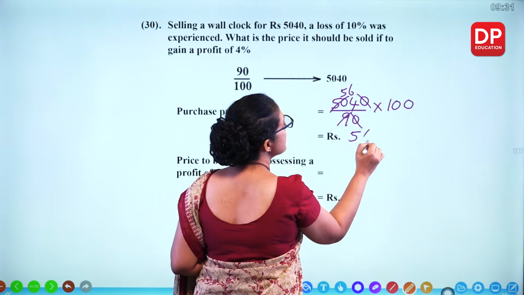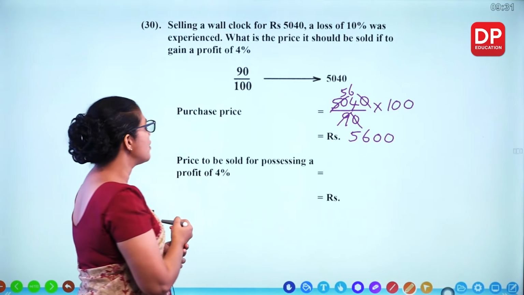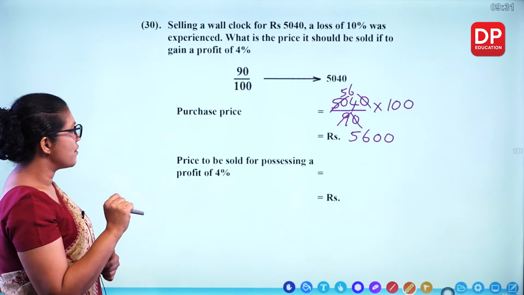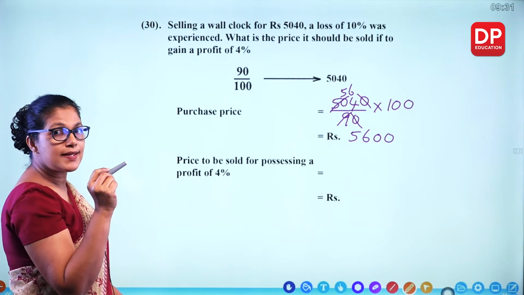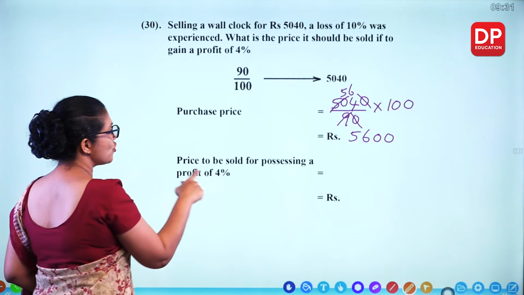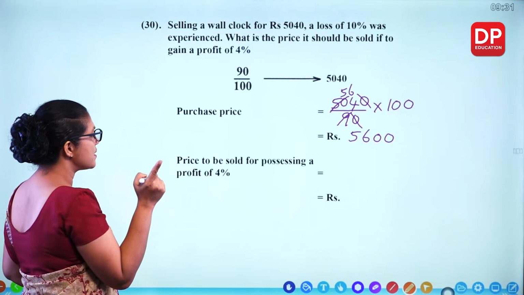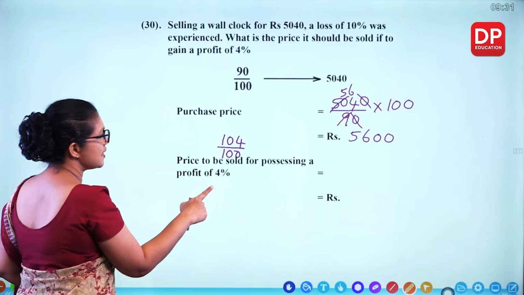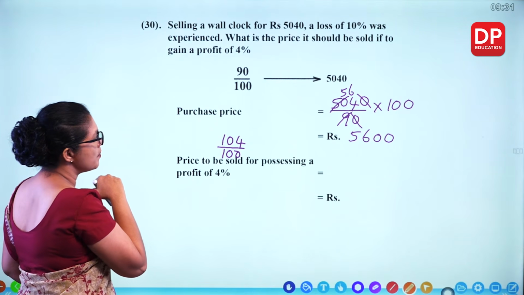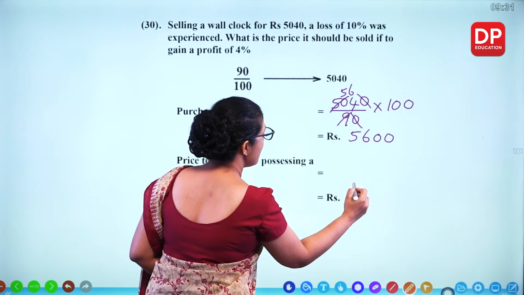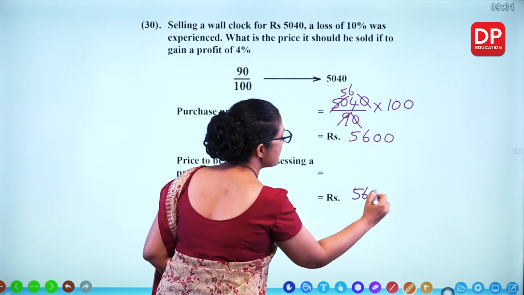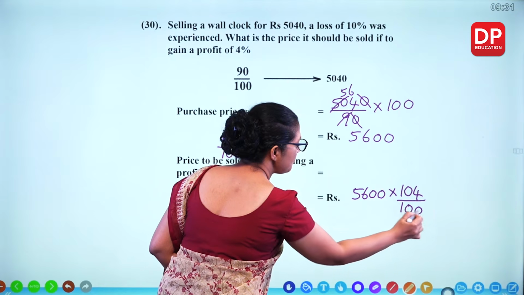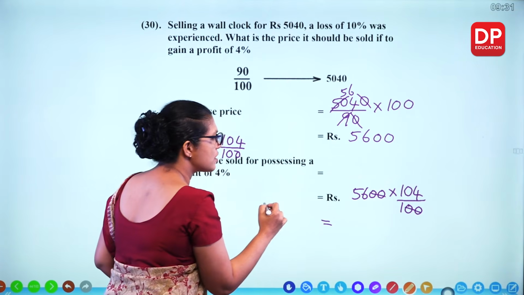So 5,600 rupees. Now to get a 4% profit, if the buying price is 100, then the selling price should be 104 to get 4% profit. So 104 over 100 now. So what's the price to be sold at? 5,600 into 104 over 100. 2 zeros get cancelled out.